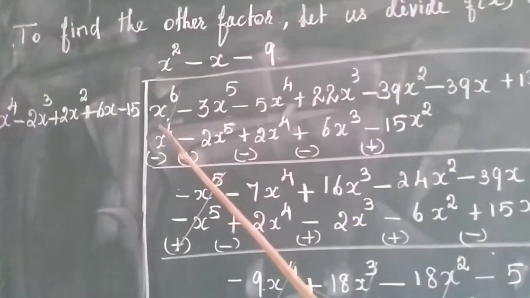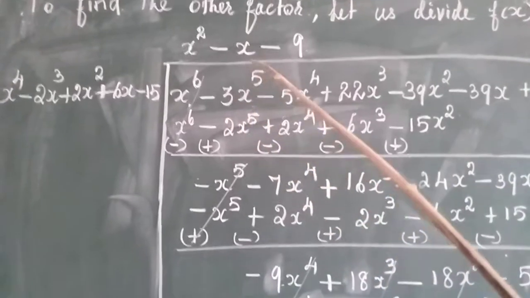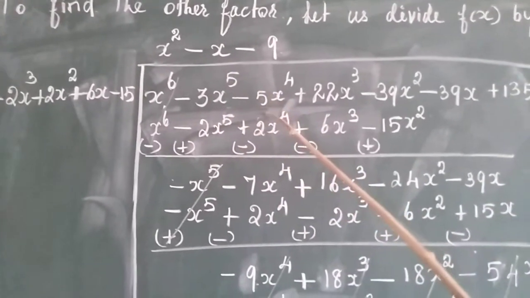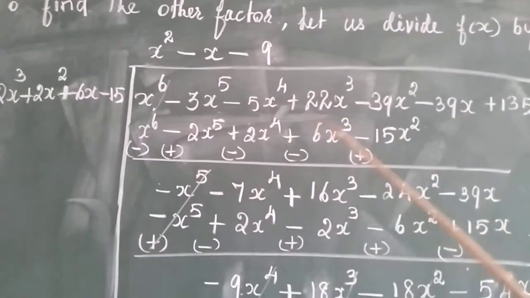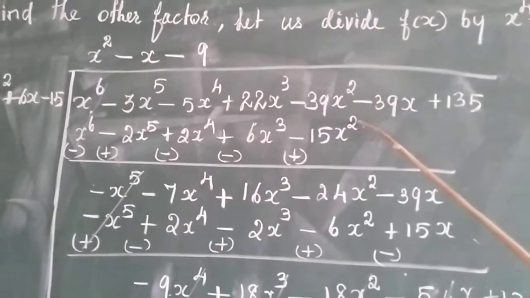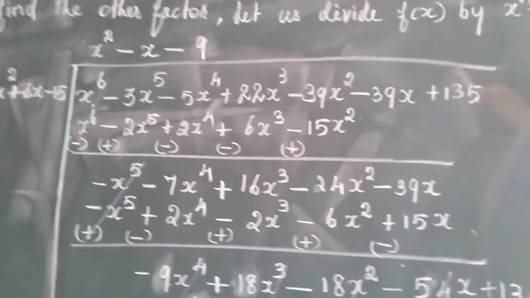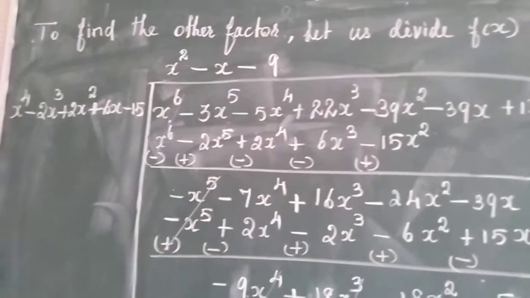The f of x is nothing but x power 6 minus 3x power 5 minus 5x power 4 plus 22x cube minus 39x square minus 39x plus 135. And this is the given equation.